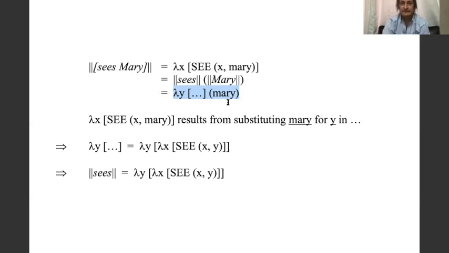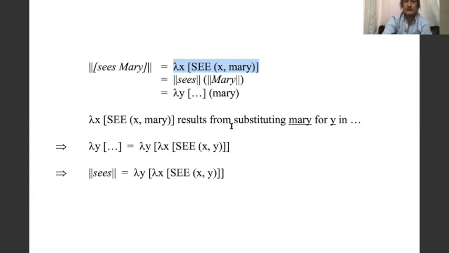Okay. We know that whatever this ... is, any occurrences of Y in there are going to be changed into Mary. And that result has to be this, lambda x cx Mary.